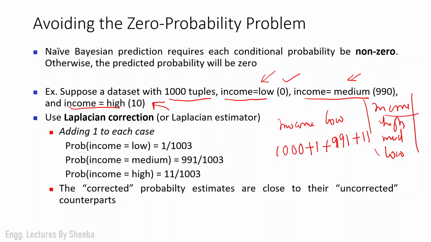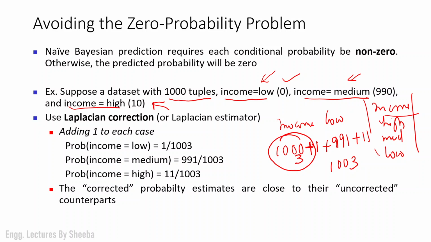So instead of 1000, you will now be having 1003.